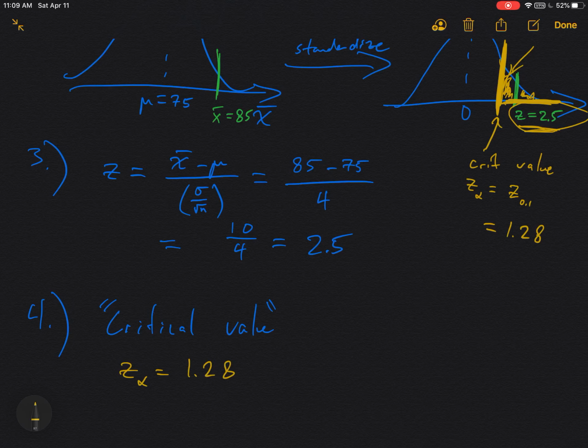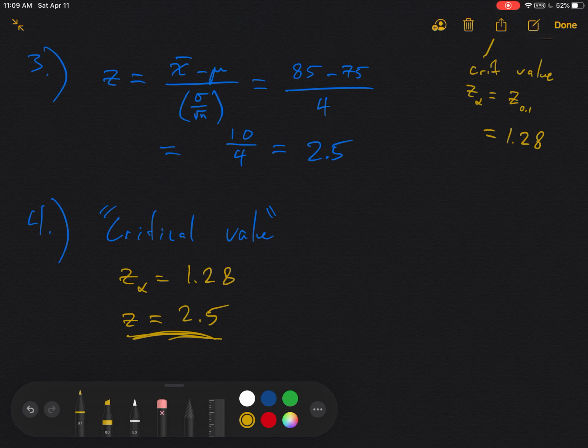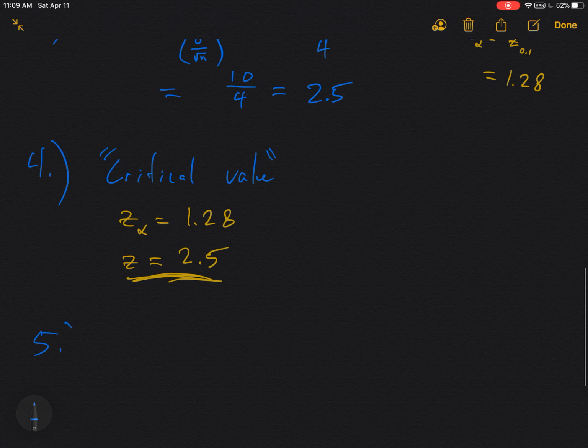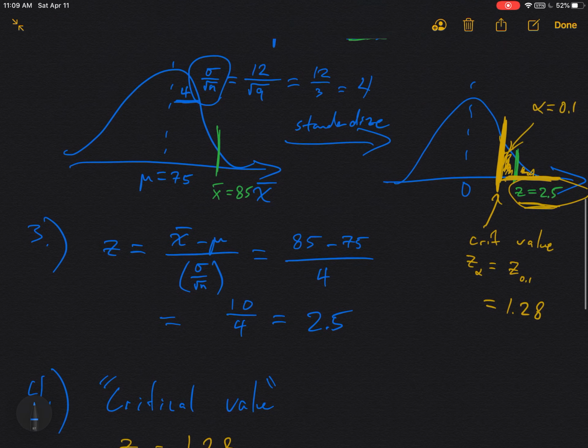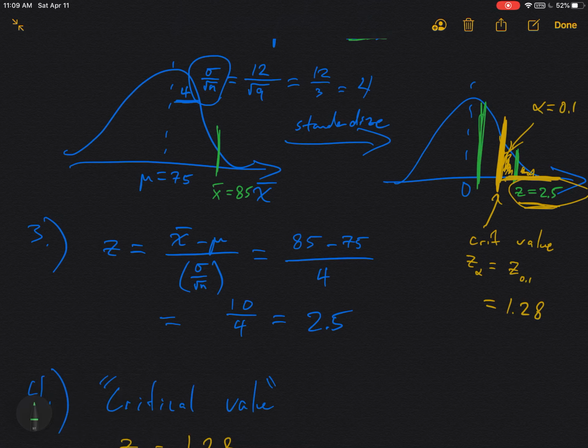And in this step, once we know that our critical value is 1.28, we also know that our test statistic is 2.5. Because our test statistic is more extreme than our critical value, we would move on to step 5, and we would say that we should reject the teacher's null hypothesis, because our test statistic is more extreme than the cutoff that we were willing to put up with.